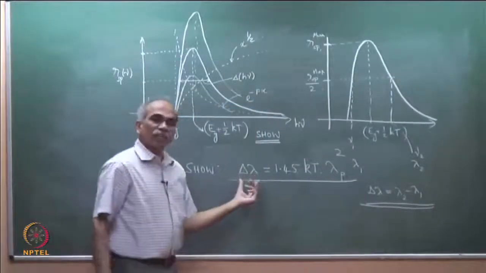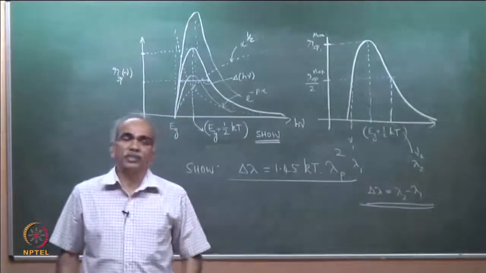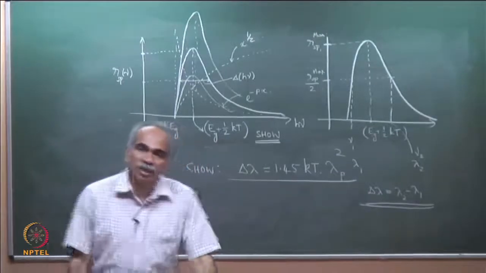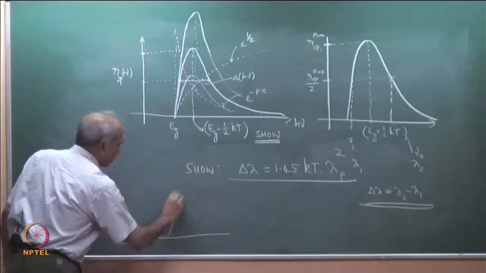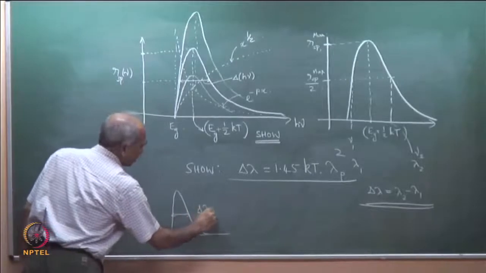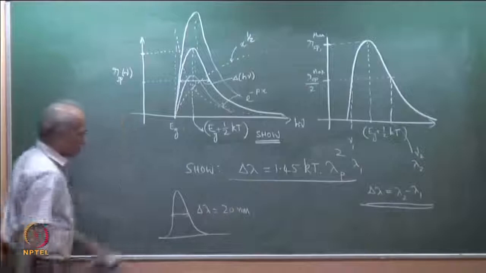Why we want delta lambda is that normally the line width of a source is expressed in terms of wavelength, in nanometers. You may have heard or studied that an LED has a line width delta lambda equal to 20 nanometers. What have I plotted?